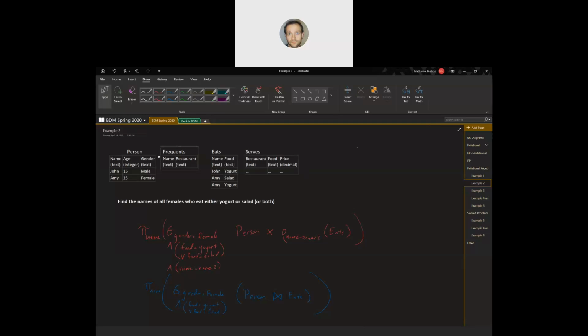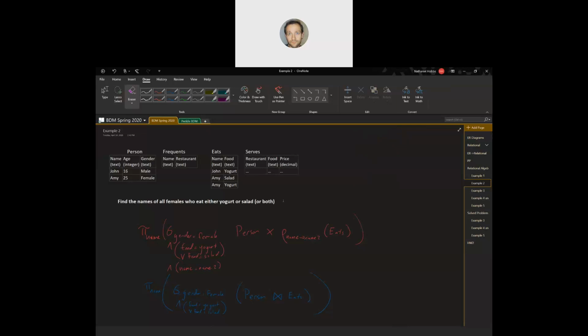So if you have truth values like this, then the OR is true if either one is true. And it generalizes to more columns, or more variables, but I won't write that here.